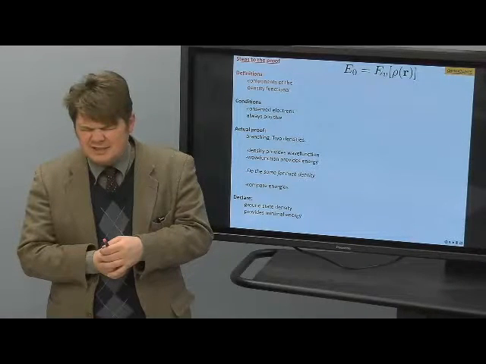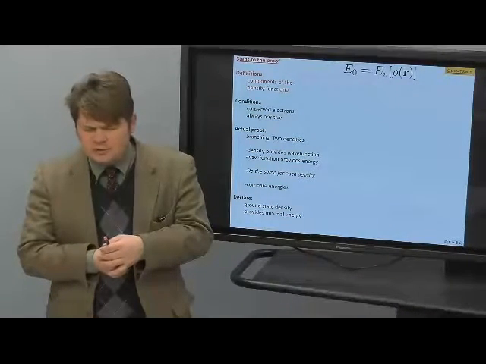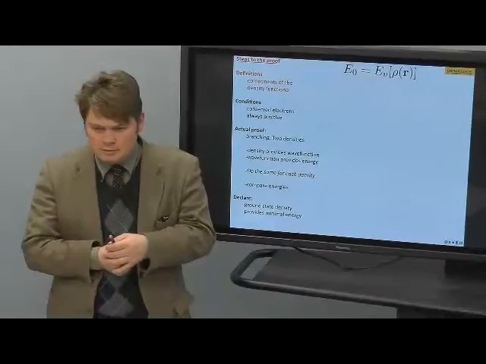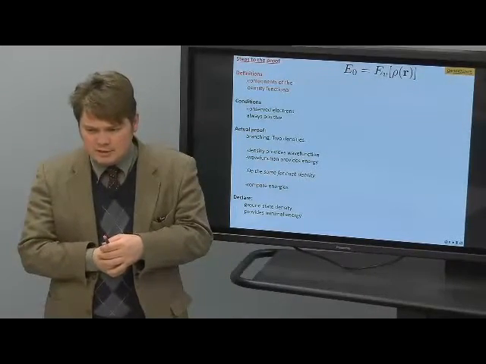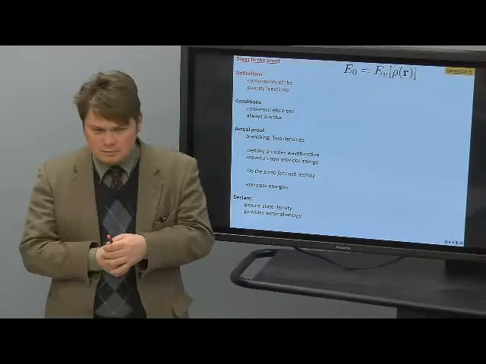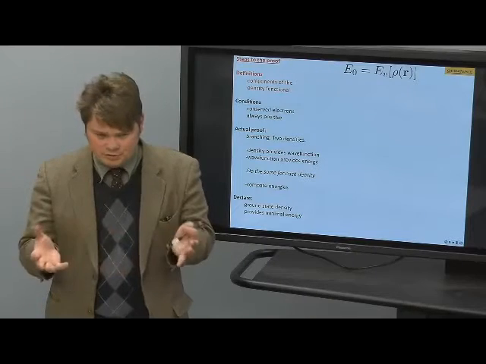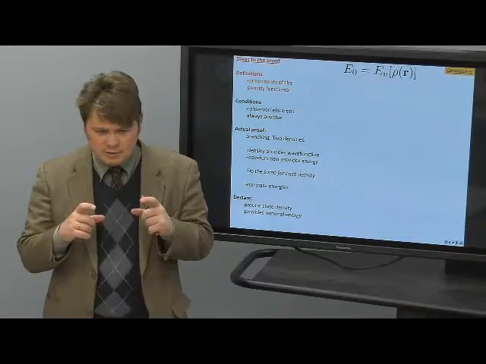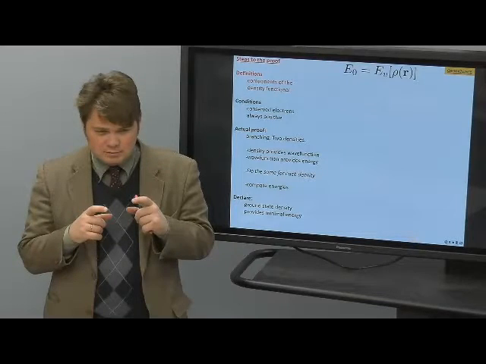And we can introduce the procedure that converts density into total energy, which is called a functional, right? And it is denoted with square brackets.